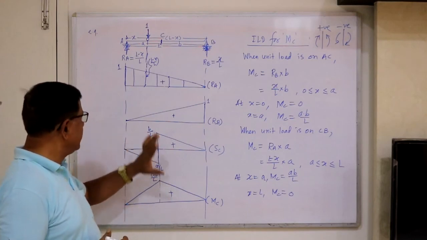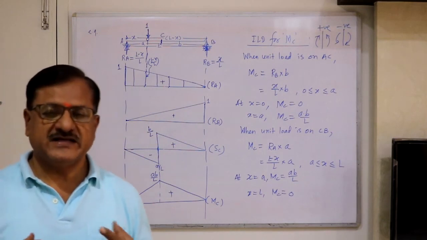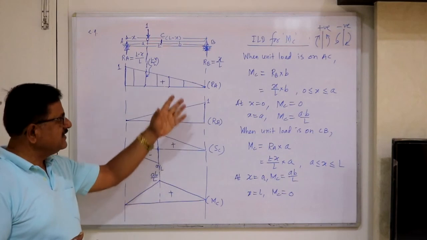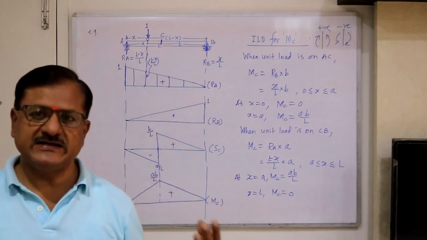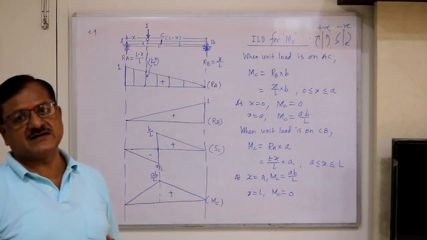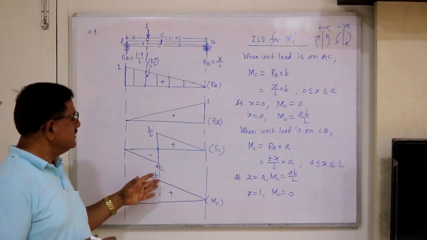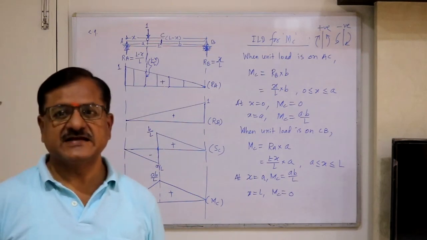So this is the example we have seen for a simply supported beam: by calculation, how to construct influence line diagrams, just by establishing the relation between the position of the unit load and that structural quantity by using equilibrium conditions. By calculation we can do this very easily. And one more example we will see by calculation, that is the cantilever beam.